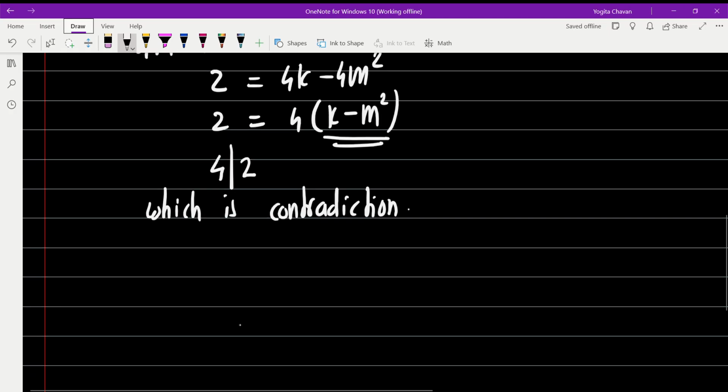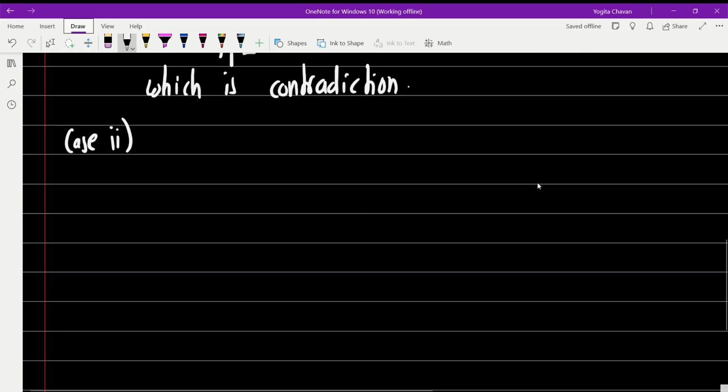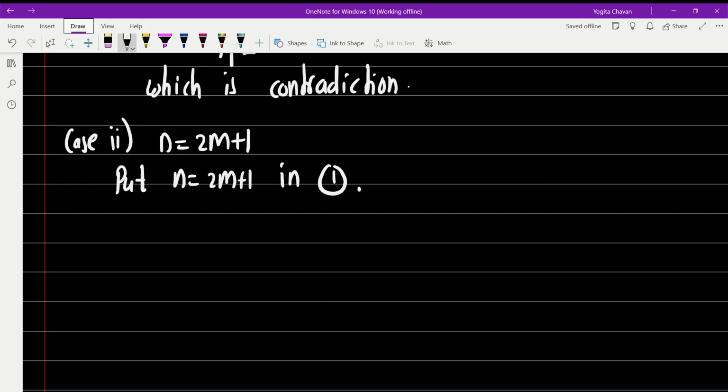Now case 2, n is equal to 2m plus 1, that is if n is odd. So put n is equal to 2m plus 1 in 1. So this gives 2m plus 1 whole square plus 2 is equal to 4 into k.